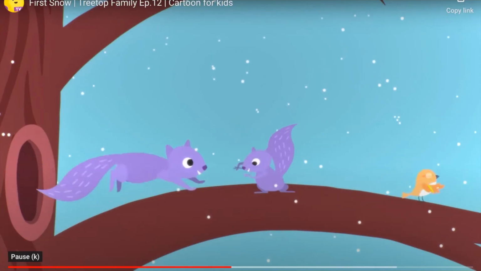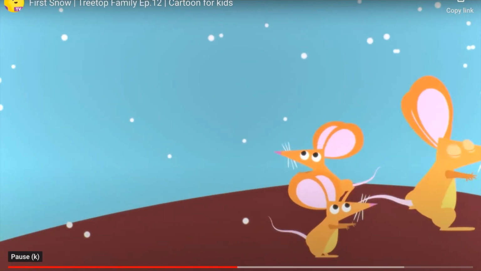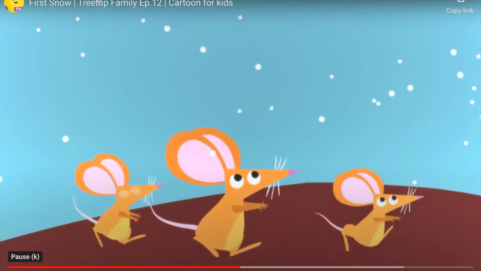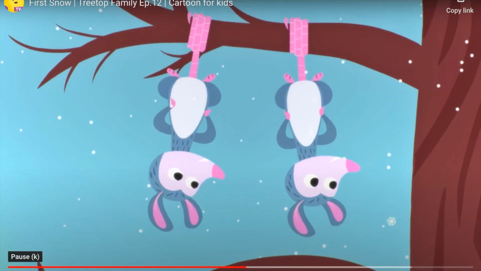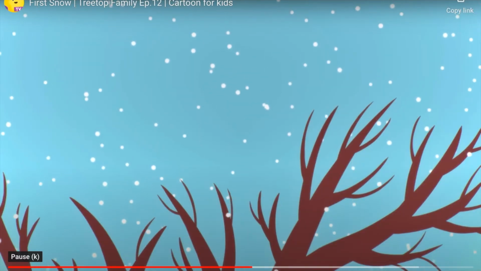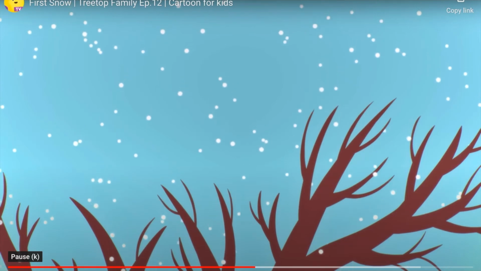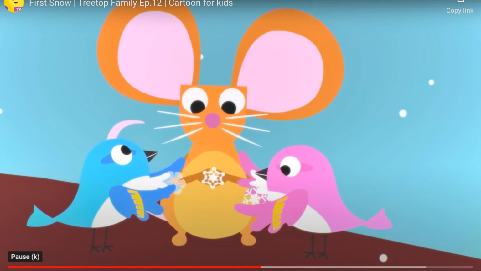The snow is falling. Do you see the snowflakes? I see a snowflake, little falling snowflake. Can you catch a snowflake? You've caught a snowflake.